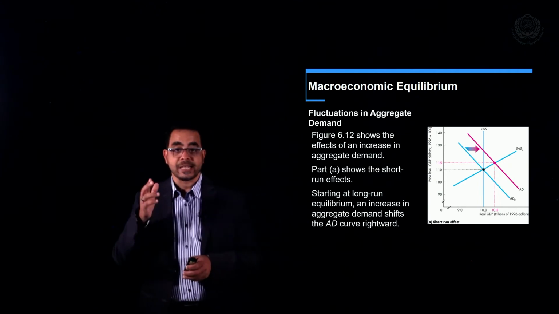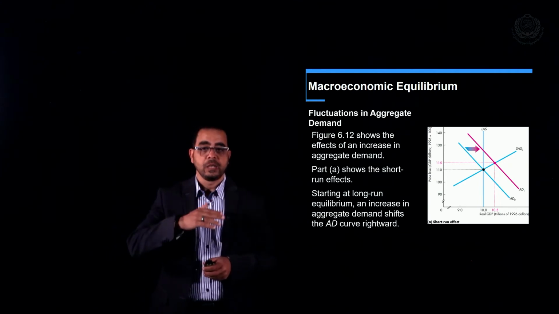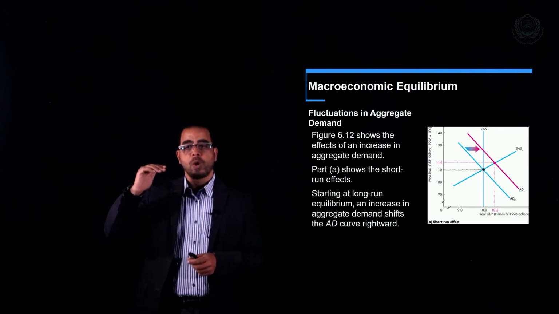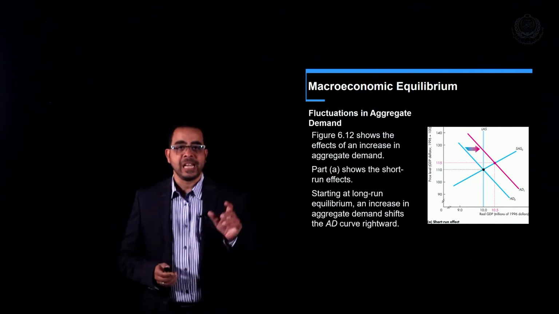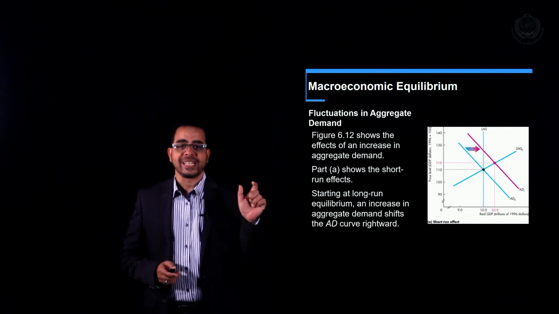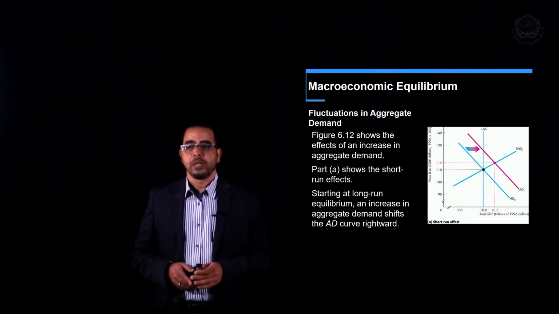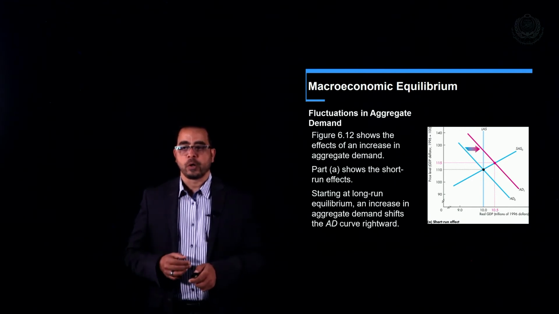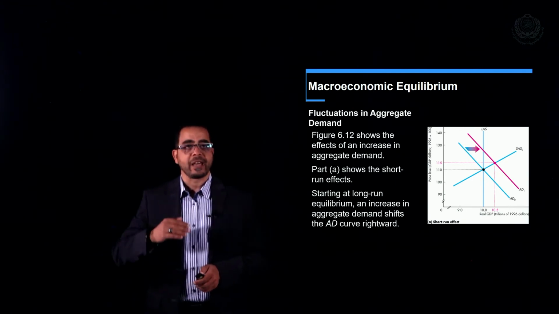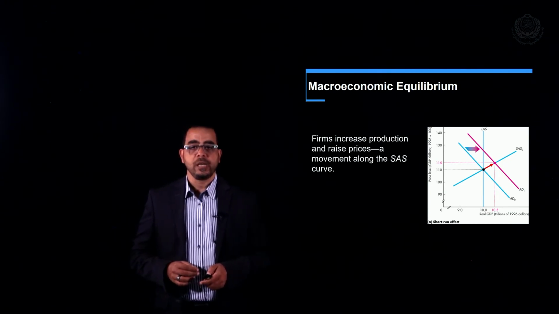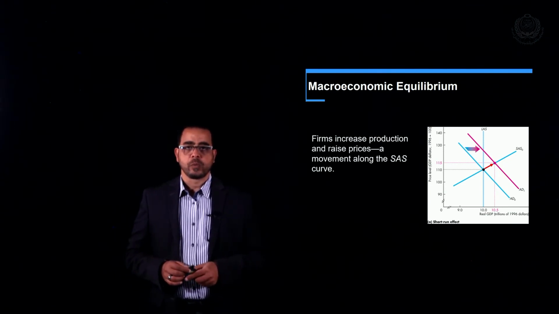As you can see, as there is a shift to the right for the aggregate demand, this caused the price level to go up from 110 to 115. And here we have an inflationary gap, as the real GDP is above the potential GDP. So starting from a long-run equilibrium, an increase in aggregate demand shifts the aggregate demand curve rightward, and this will cause an increase in production.